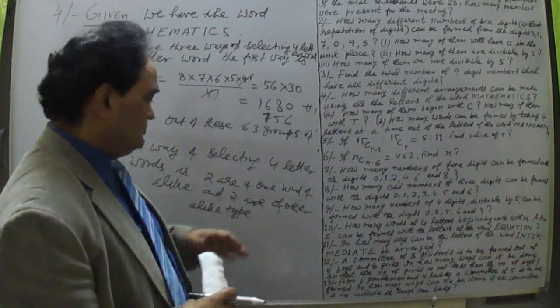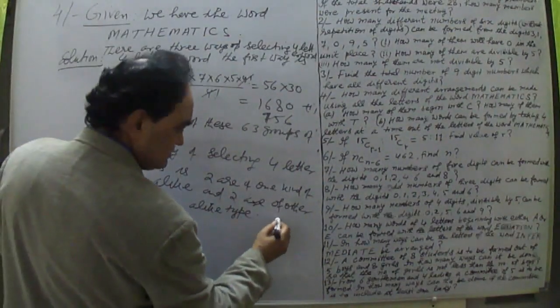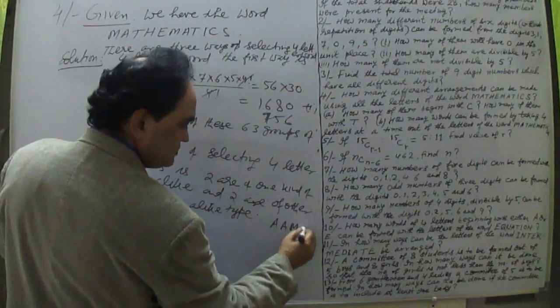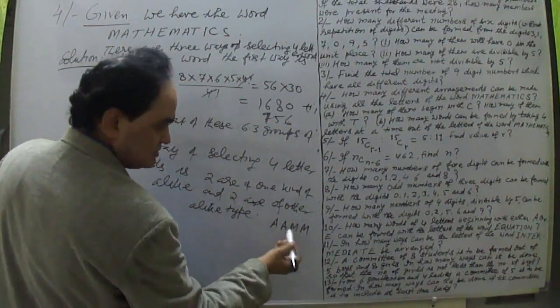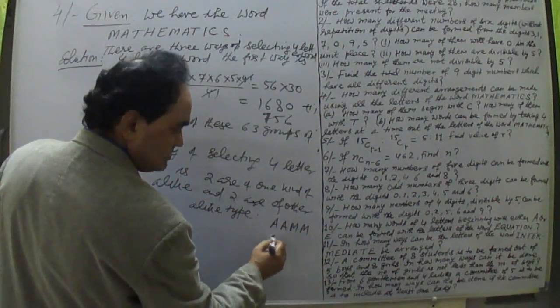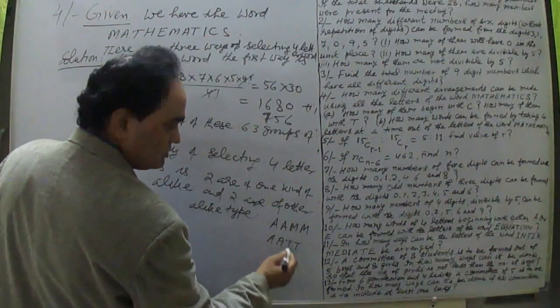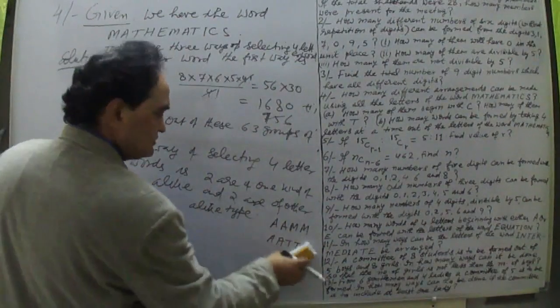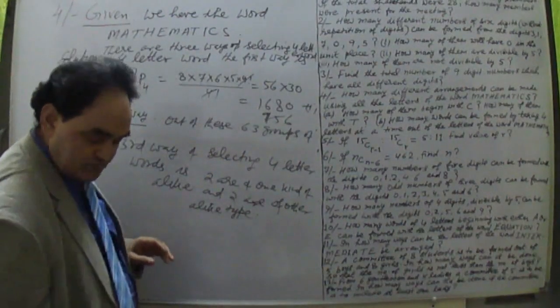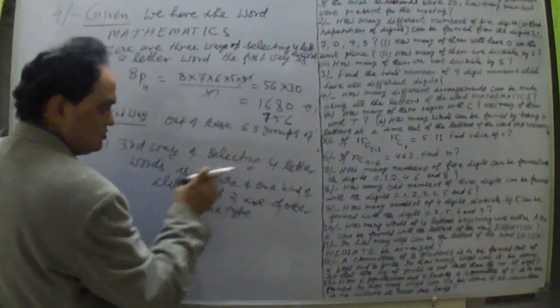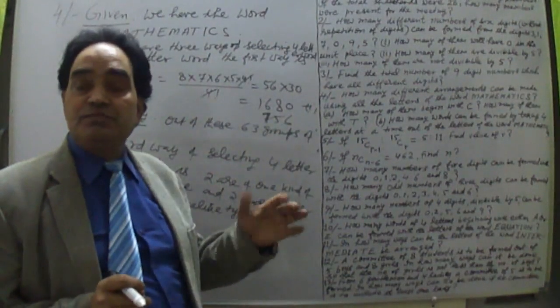Okay, so the group can be, for example, AA, MM, not TT. Then other can be AA, TT, TT, MM. How many types of this group can be selected, that we will discuss. But first let me take how these 4-letter words are selected out of 3 pairs.